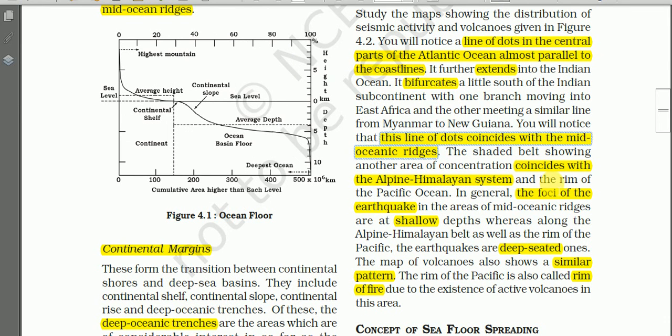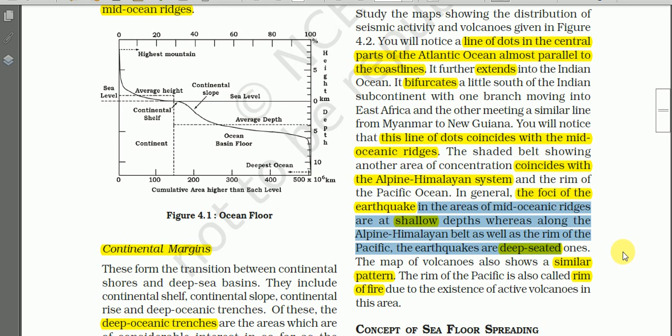And the rim of the Pacific Ocean, and in general the foci, meaning the focus of the earthquake, in the areas of mid-oceanic ridges are shallow, whereas along the Alpine Himalayan belt as well as the rim of the Pacific, the earthquakes are deep-seated ones.